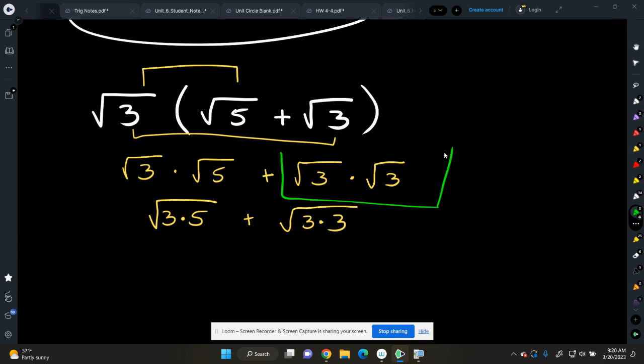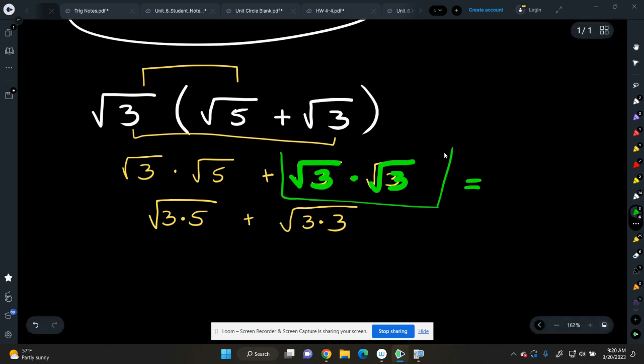Anytime I multiply a radical times itself, the radical just drops out. The square root of 3 times the square root of 3 just becomes 3. If you look at that, I have a square root here, I have a pair.